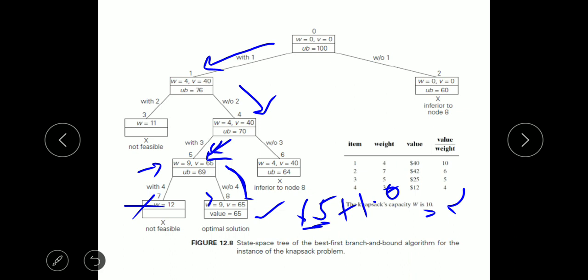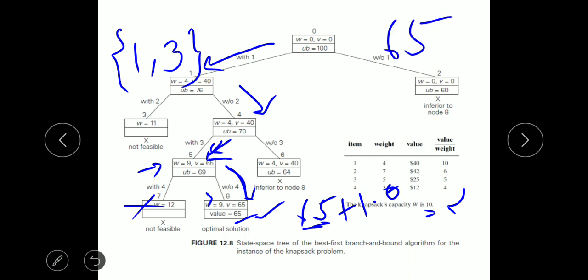Again we traverse the state space tree, but we have not included item 4 in it. So therefore our optimal solution has only items 1 and 3 included in the knapsack, with an optimal solution, that is the maximum value, which is equal to 65.